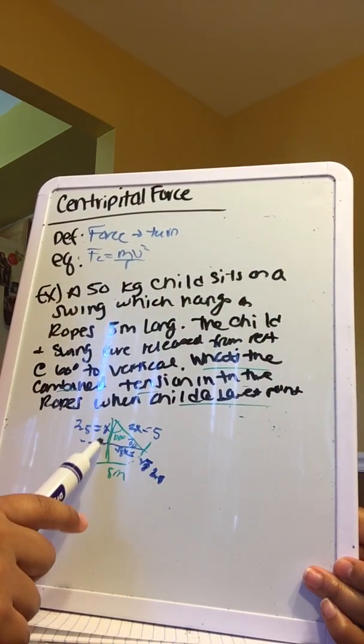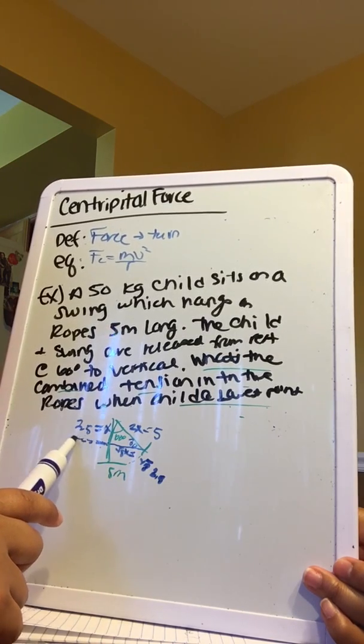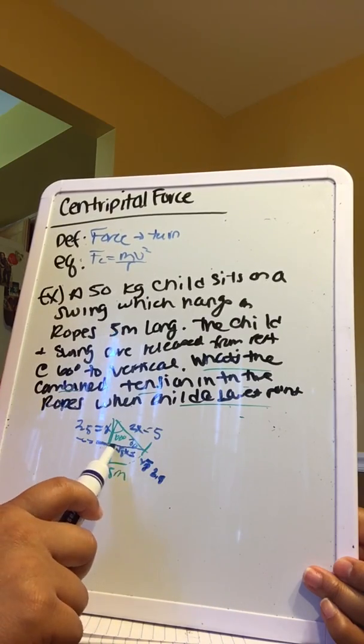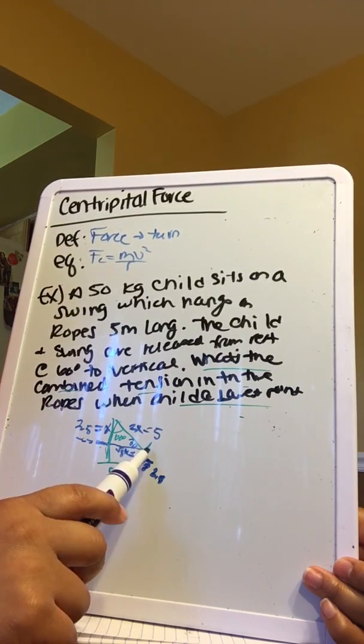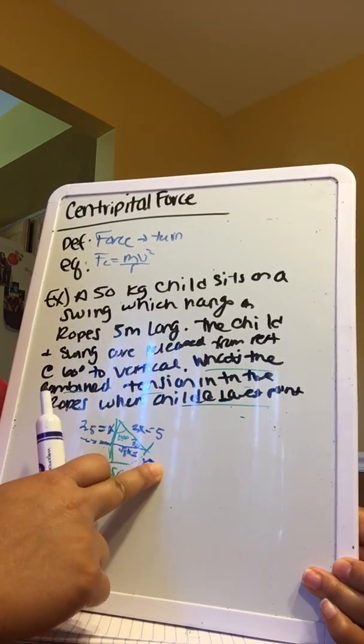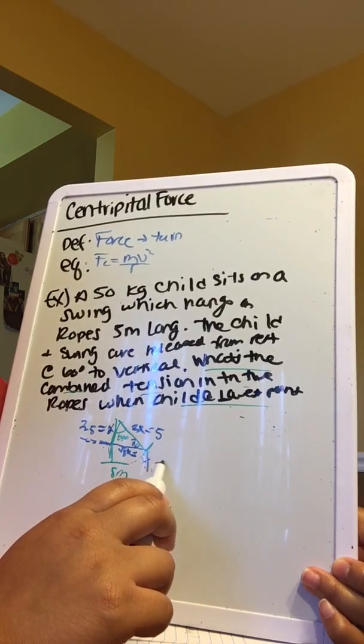So if you notice, at this point, we are half of the length of the rope. So this tells us over here we are 2.5, let's see if we can erase this. We're 2.5 meters from the ground.